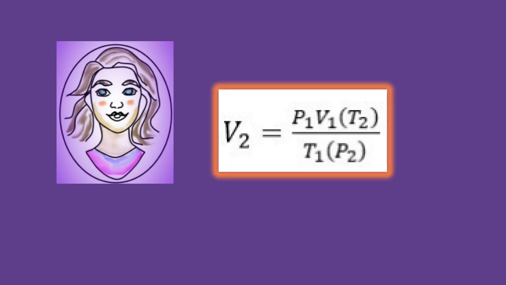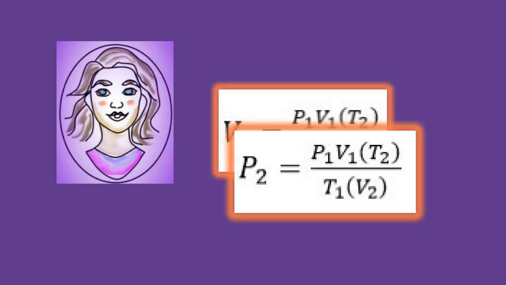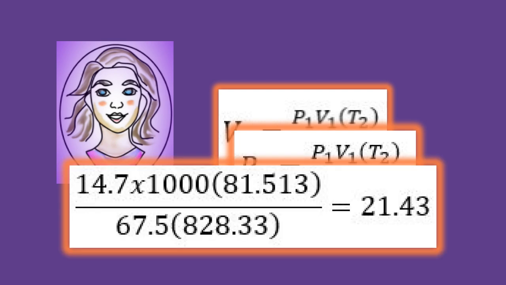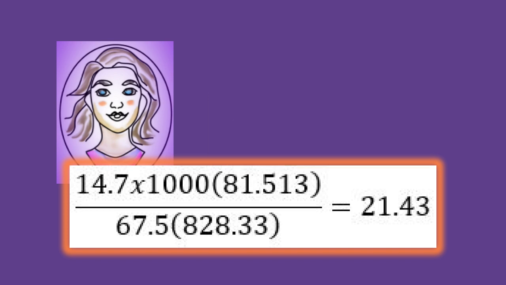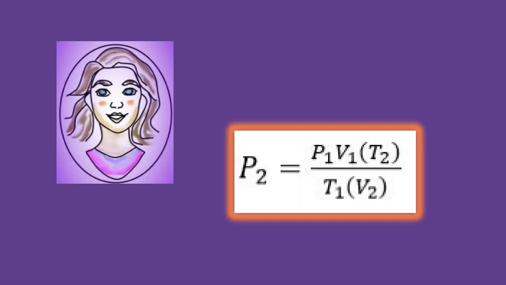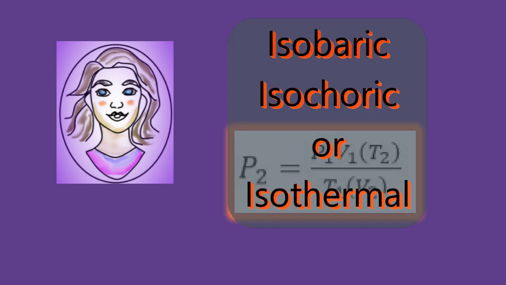Again, the volumetric equation. But we are solving for P2. The pressure is now 21.43 psi, an increase of 6.73 psi at a temperature of 81.513 degrees Fahrenheit. The professor used the pressure volume equation, because this is neither isobaric, isochoric or isothermal.